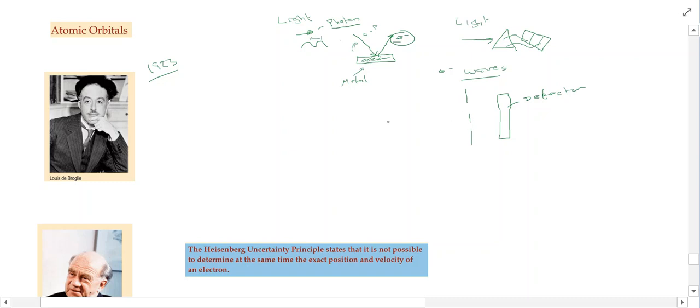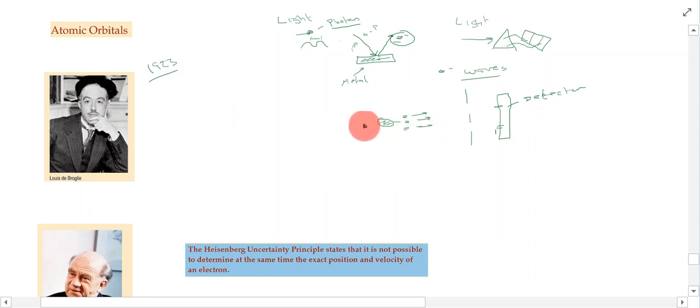Then imagine you take a source that can emit electrons, and it's going to fire them at this plate that has these two slits in it. What would be expected is that you would have just impacts here and here, if the electrons were behaving like particles.